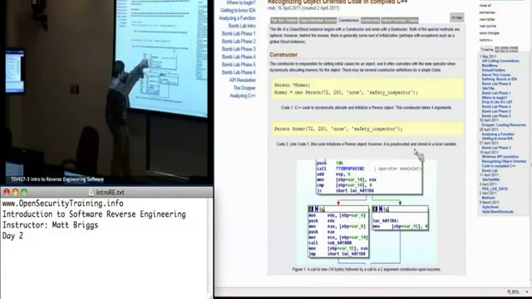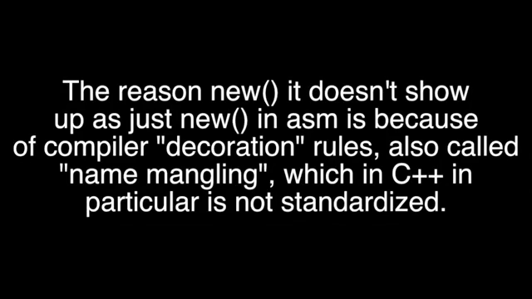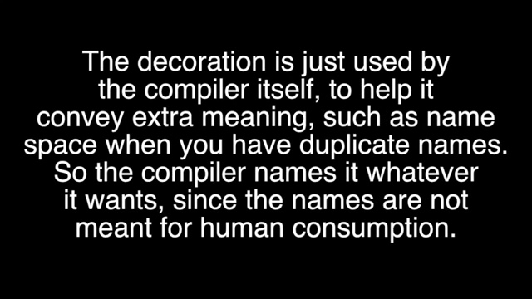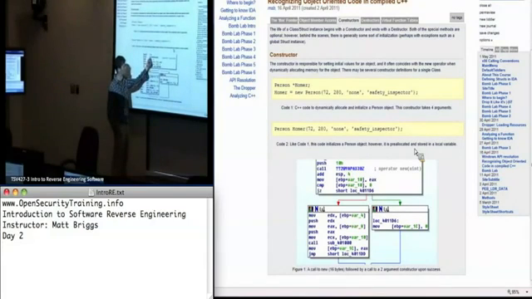This is the function name, and it puts a nice little comment here that tells you it's the new operator. So before the call to the new operator, this push, that's actually going to be the size of your object.